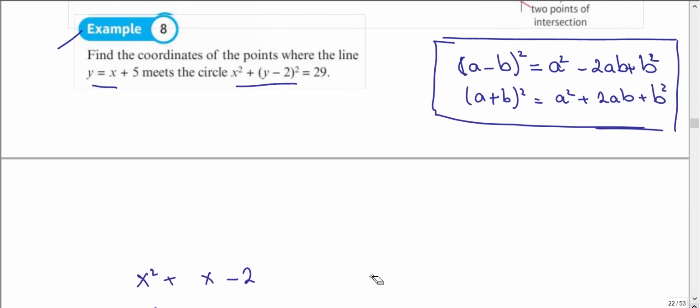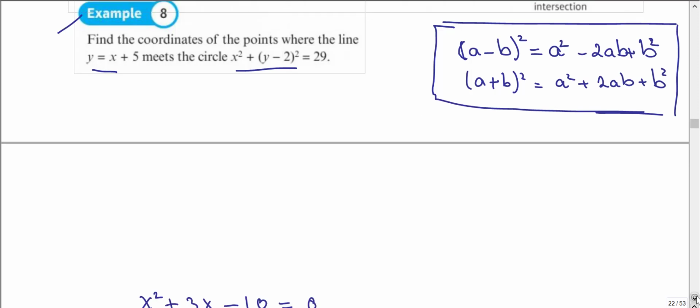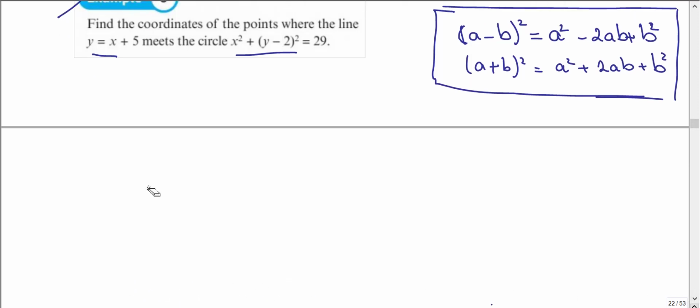Of course you need to solve the two equations simultaneously. You have a line, you have a circle. The line intersects the circle. We don't know in how many points, possibly 2. We need the 2 points. So how to do that? Solve the 2 equations simultaneously.